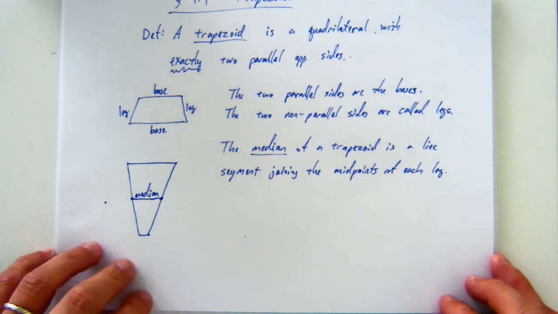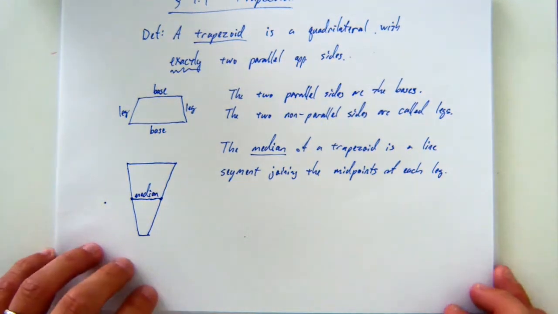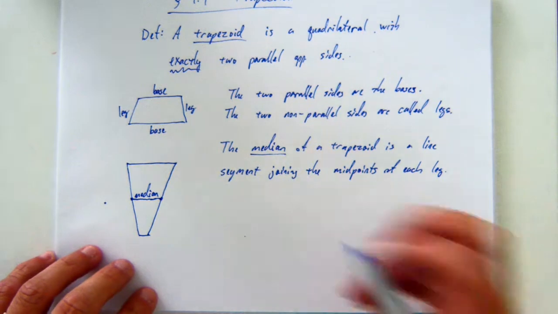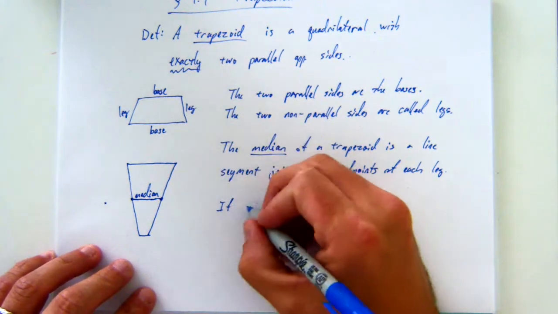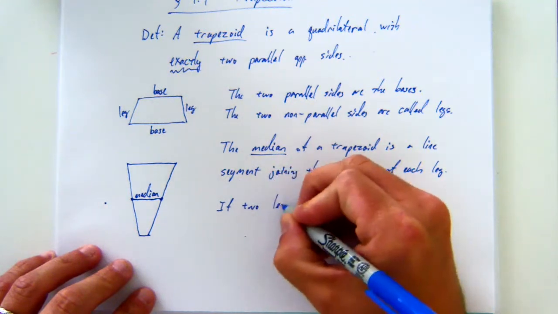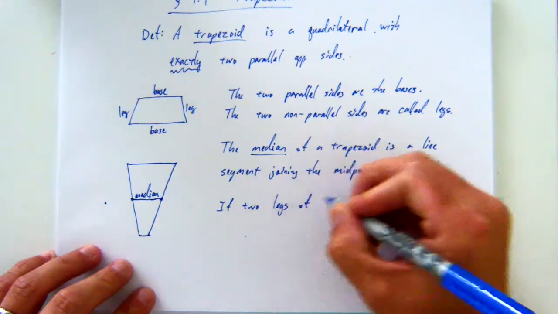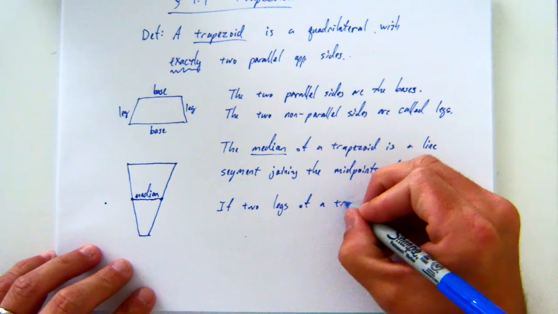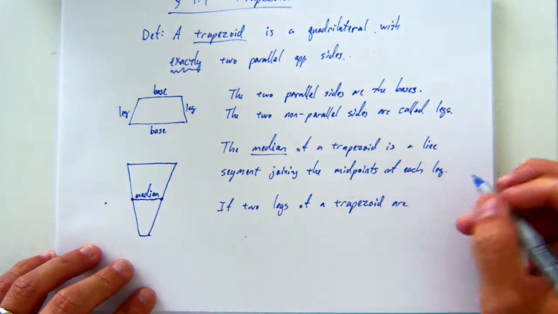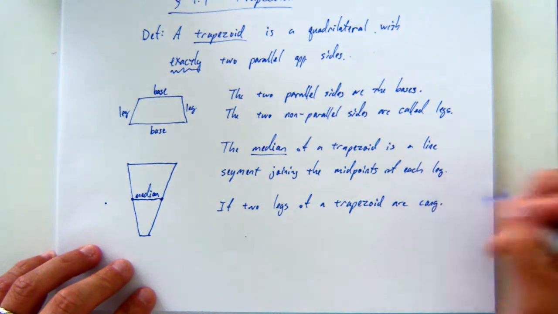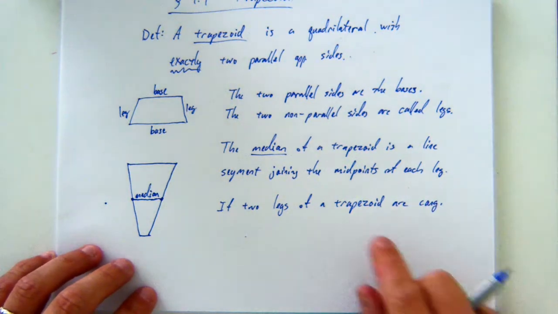We also have a specific kind of trapezoid. In fact, both of these are this kind. If 2 legs of a trapezoid are congruent, well, let's think about a triangle.